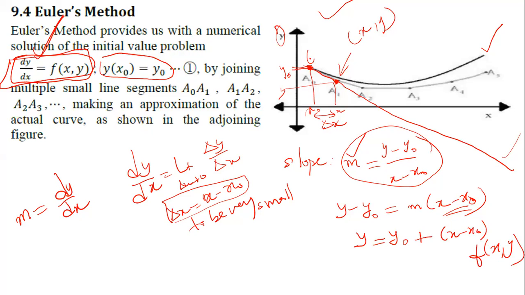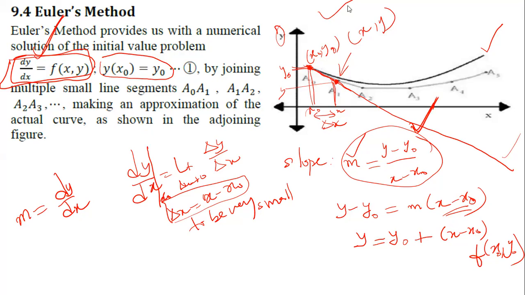Since we are calculating the tangent at the x naught y naught point, the slope of this tangent will be the differentiation of y at x naught, isn't it? So instead of writing f of x y, you should write f of x naught y naught here.